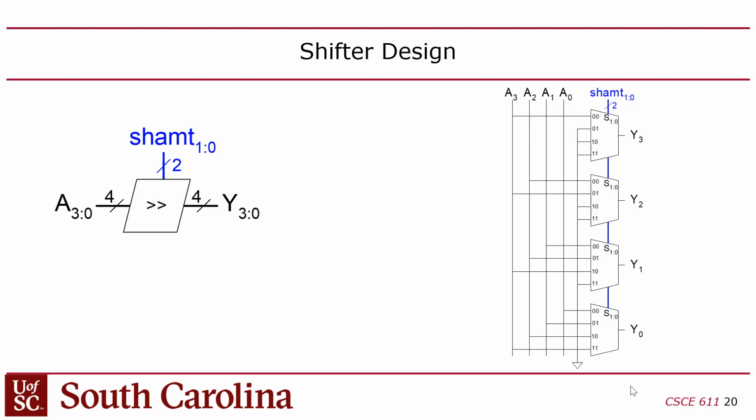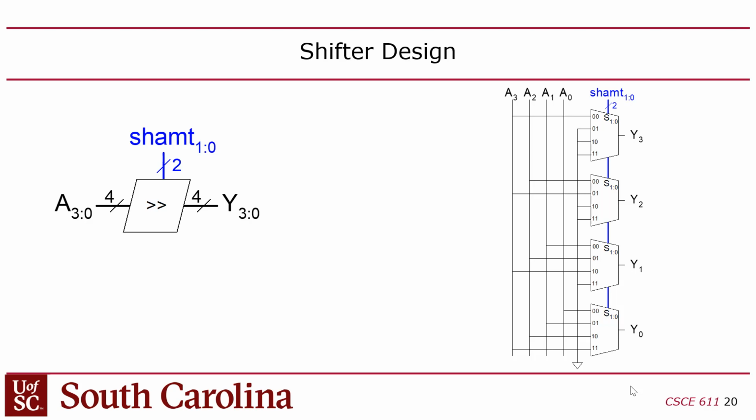Because remember, if you have wires crossing and there's no dot on the wires that cross, then they're not connected. But if you have a T, like you have here, then there's a connection. That's the schematic rules that the book uses, at least. So if you look at A0, A0 is only connected to this one mux, right? So if the shift amount is anything but 0, then A0 is gone.